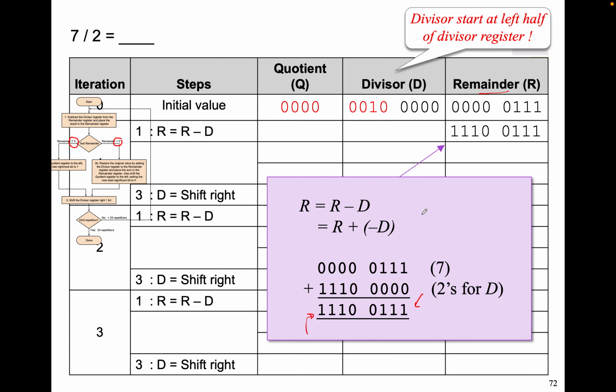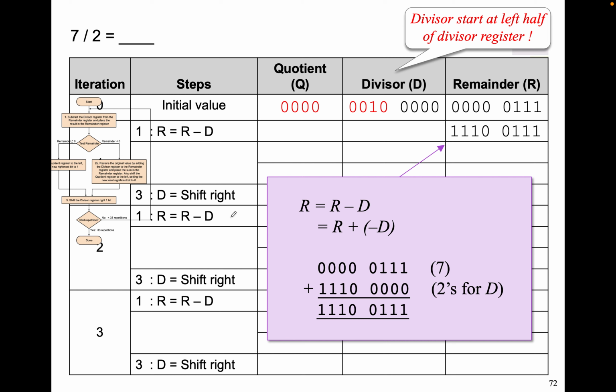You use the first complement to second complement again. Then you will get the value, and then you convert it into second complement. Then you check what the value is, whether it is less than 0 or more than 0.